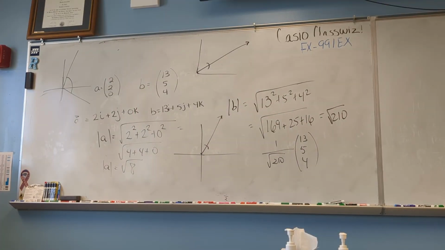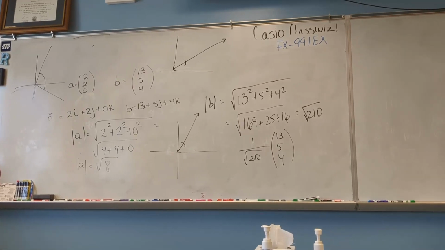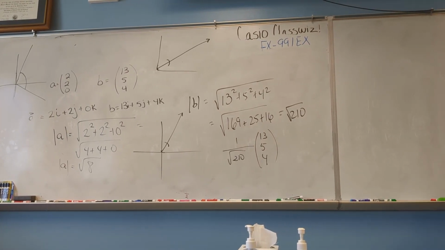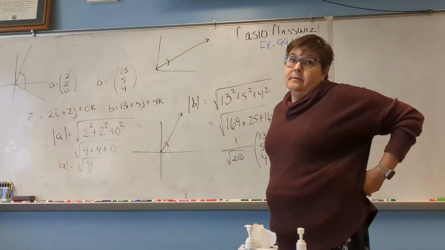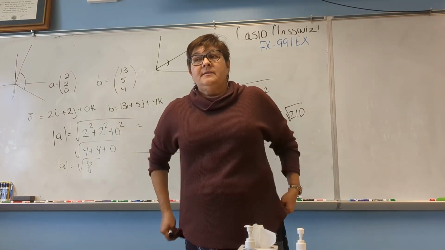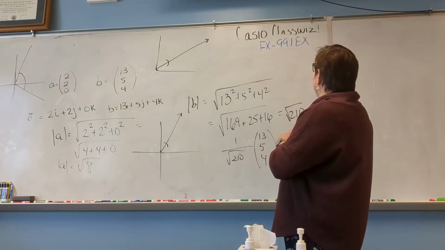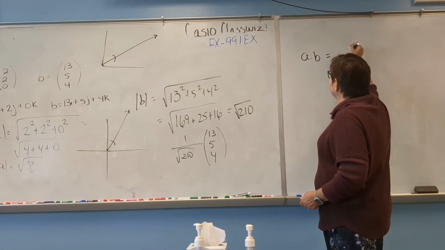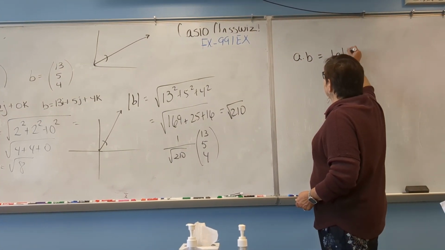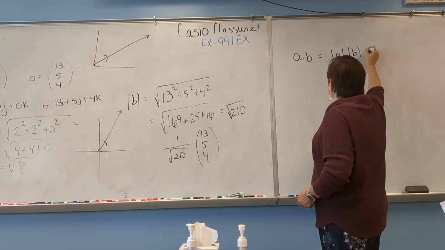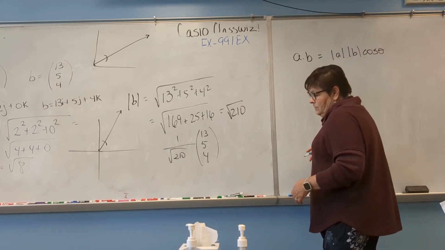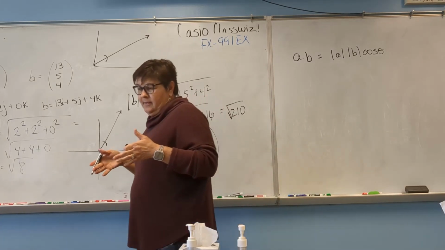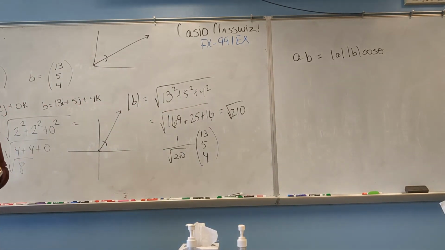The question is never going to be, find the angle between two vectors. It's going to say, use the scalar product to find the angle. The scalar product is the name that they give it. The way that they give it on there is this, I think. If you can read between the two lines, do you see what I'm saying on your bright colored sheet of paper down on vectors?